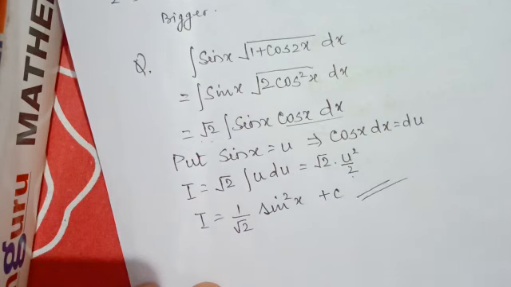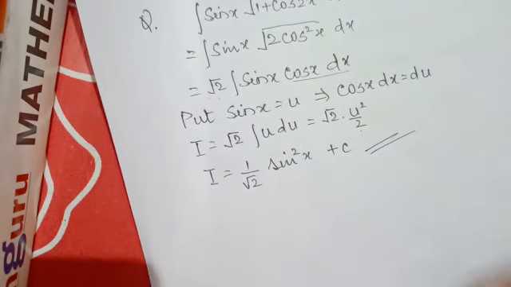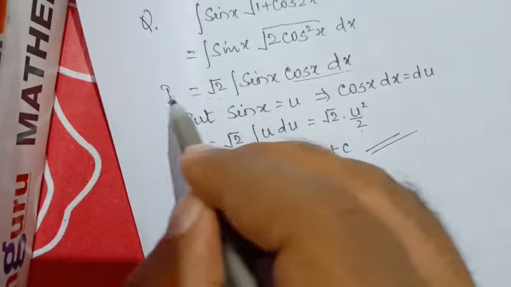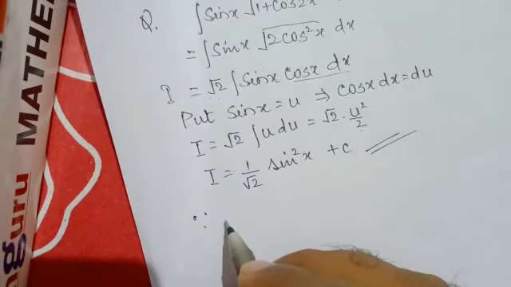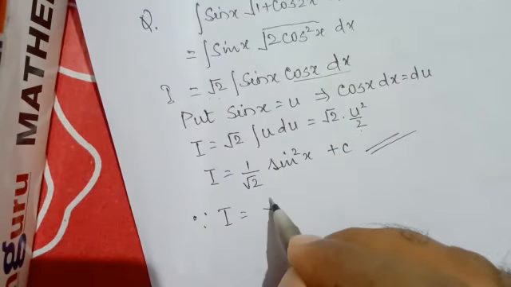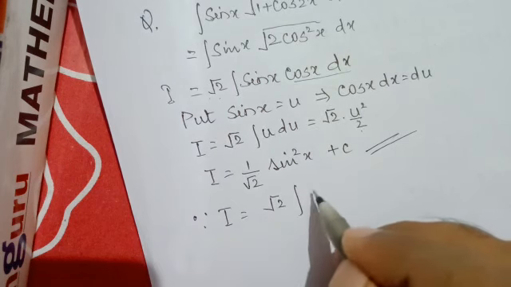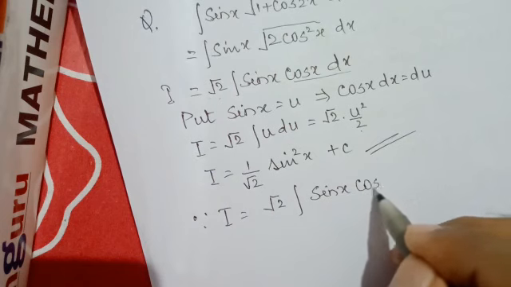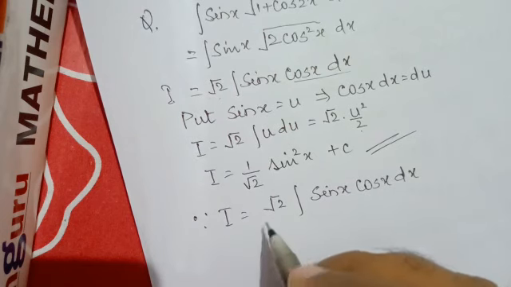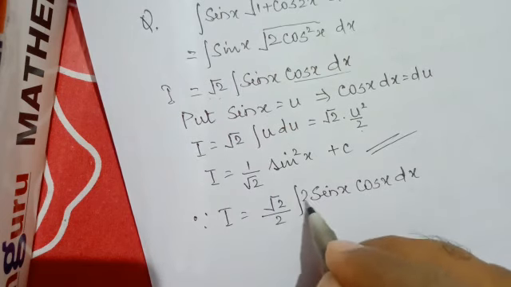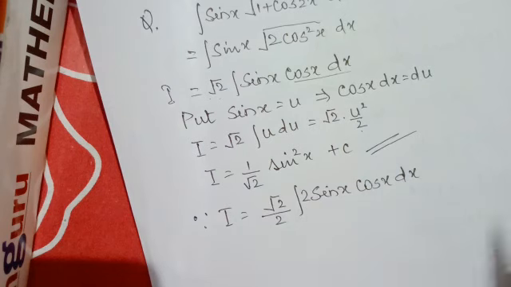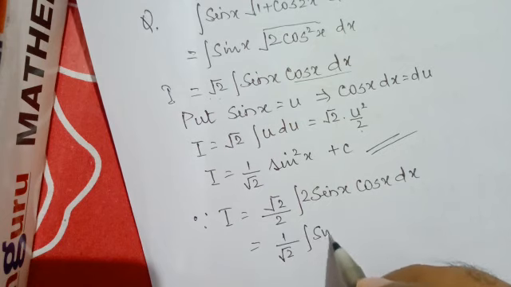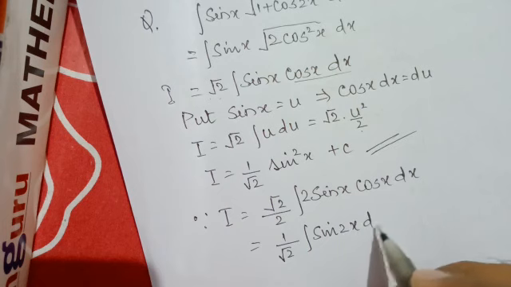This is one way. In another way, from here I is root 2 integral of sin x into cos x dx. Rationalize it by 2. This reduces to 1 by root 2 integration of sin 2x dx.